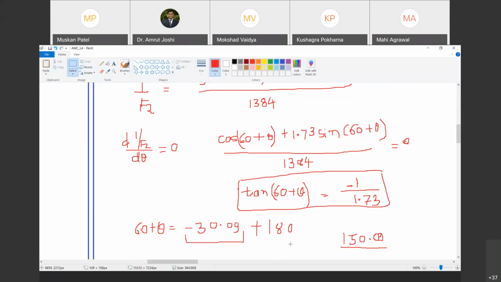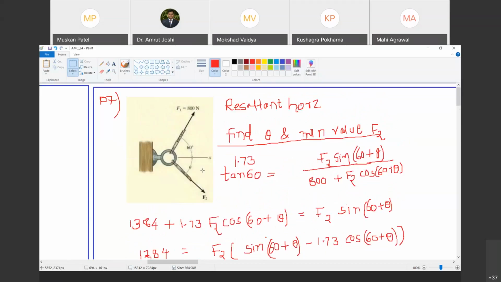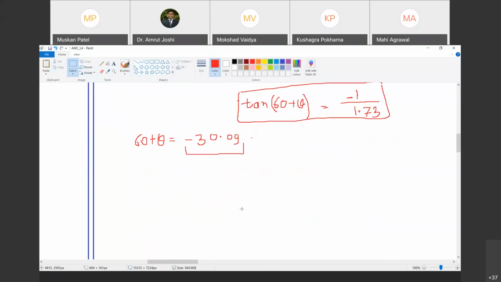See, this value of minus 30 has come here, but really, for an angle we will not maintain the negative value, because we know for sure that for this resultant to be horizontal, theta has to be positive. It cannot be negative. Do you agree with me? Yes, sir. If theta takes the value minus 30.09, theta will be negative, which is a concern. But as you can understand, this is a non-linear equation, so it doesn't have only one solution. Therefore, we will accept the next feasible solution.